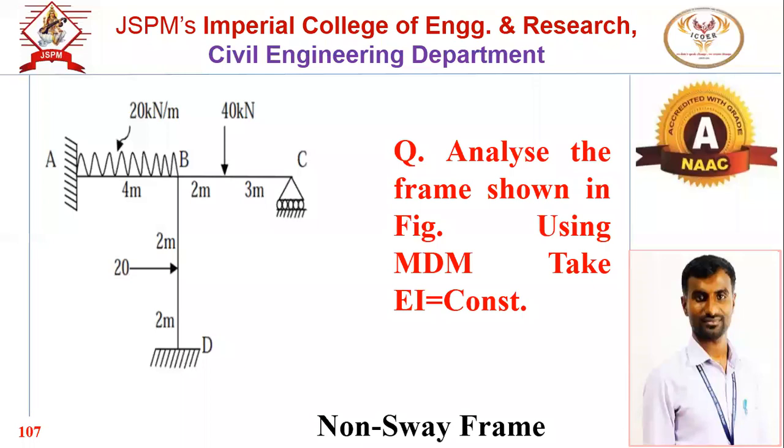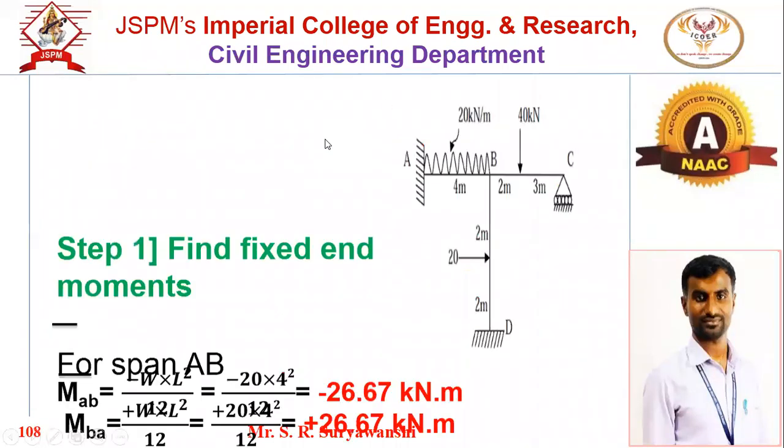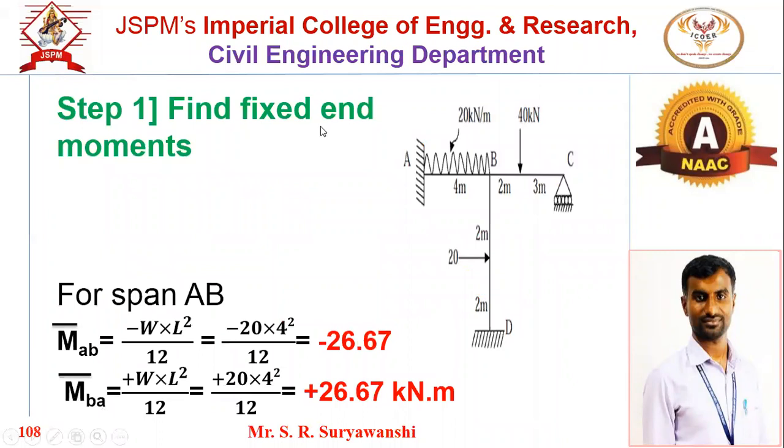The frame is non-sway type, as a fixed support is there at beam level. Now step number 1 is for the fixed end moments. Initially considering span AB, it is subjected to UDL on the entire span. So fixed end moments M bar AB and M bar BA are given by minus plus WL square by 12, where W is 20 and L is 4, divided by 12.